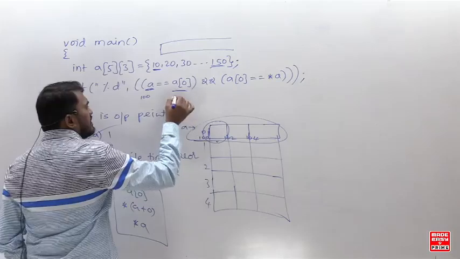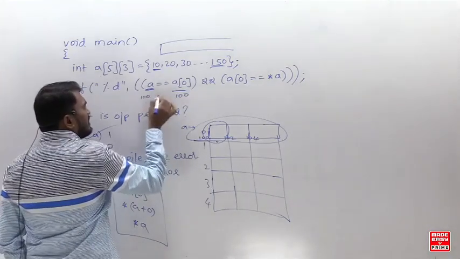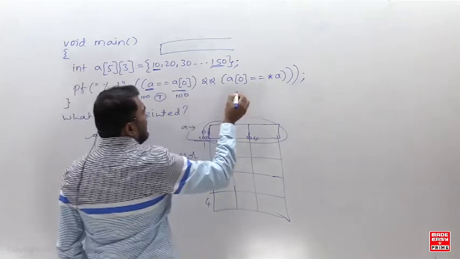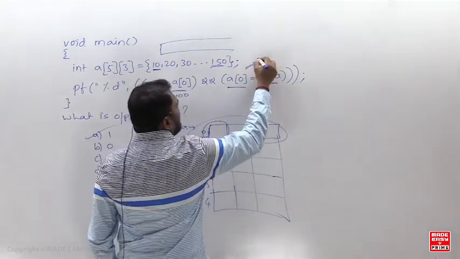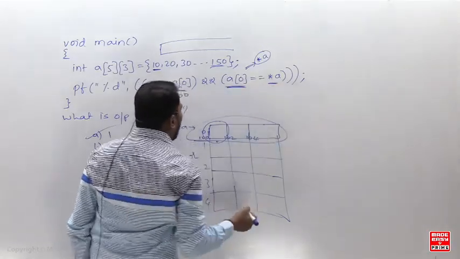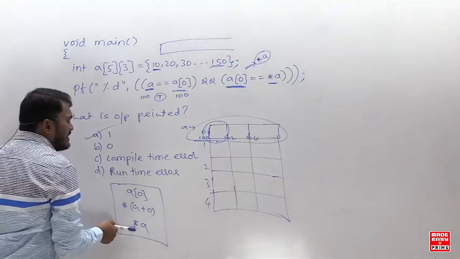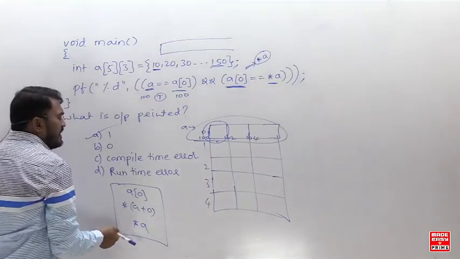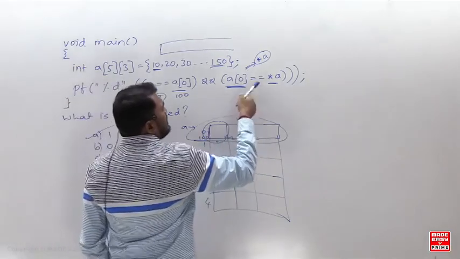What is the address you take? 100. So both are the same, the base address of both is the same. This is true, and both are exactly the same. So you can directly replace this with star A. This is also star A, because A of 0 can be written as A plus 0 whole star, and that is the same as star A. There is no difference.